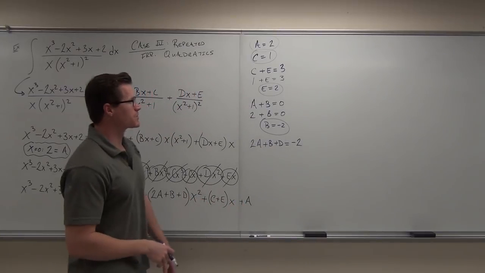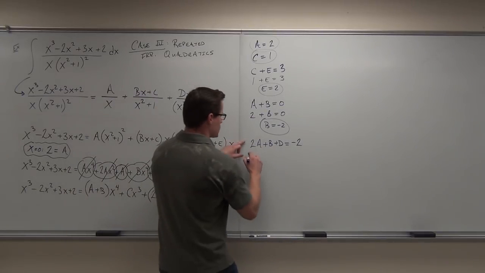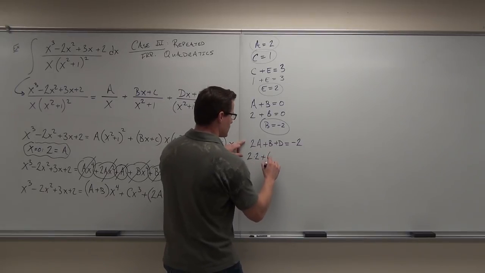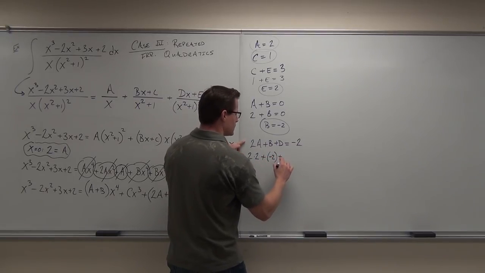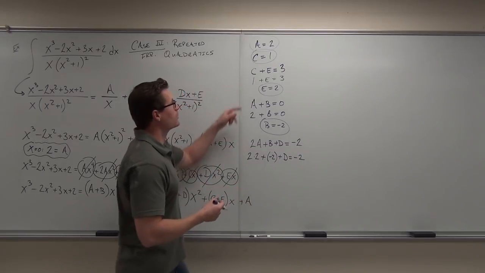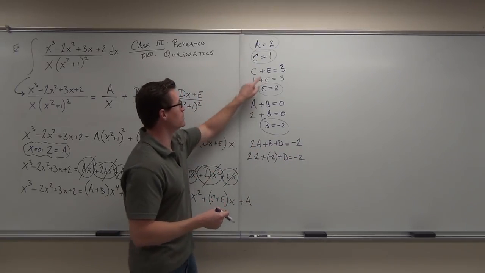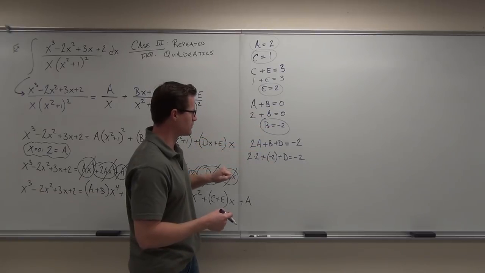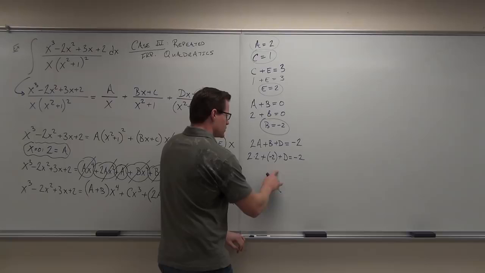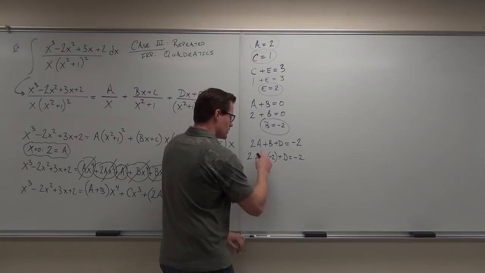Now we're just plugging in the numbers that we already know. I know that A is 2, so 2 times 2 plus, how much is B? Negative 2. How much is D? Don't know yet. So we're plugging in what we know. 4 minus 2 gives you 2. How much is D?